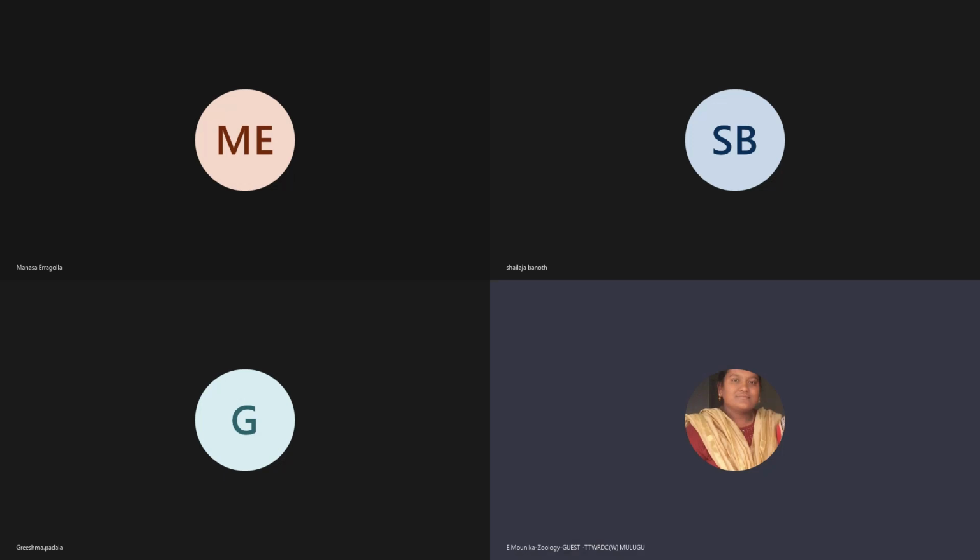For example, if some microorganisms enter into our body, at that time these cells recognize those antigens, and they present them to the T helper cells, which means immunological cells which are present in our immune system.